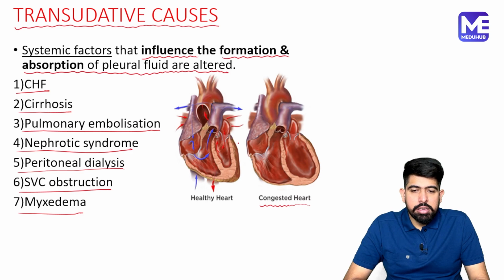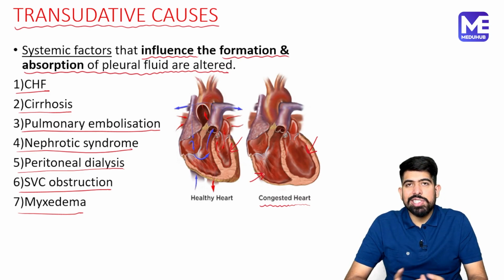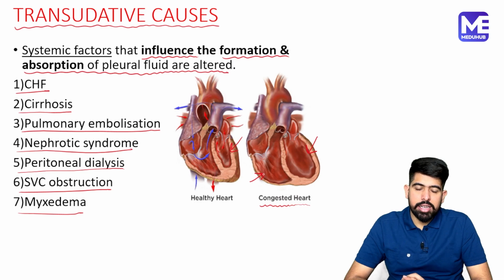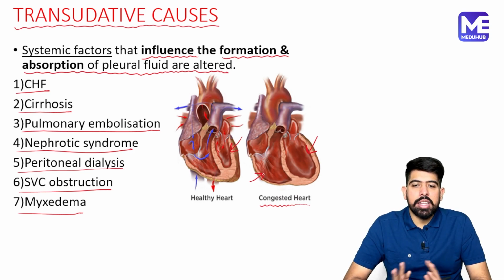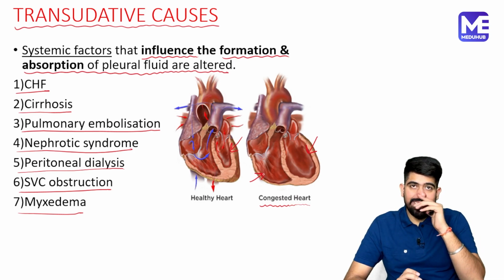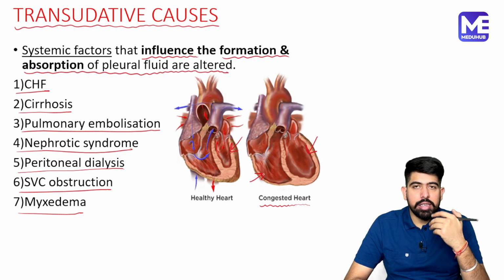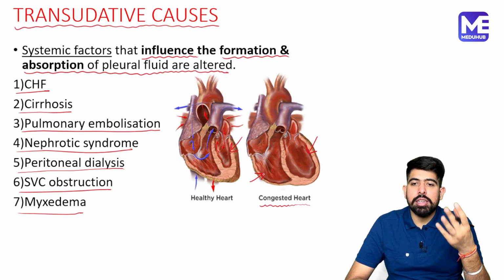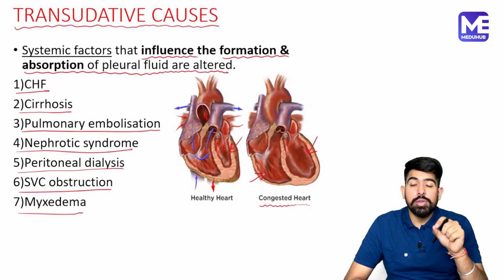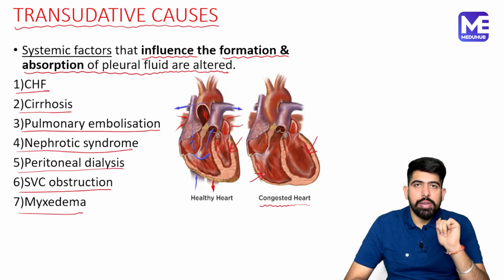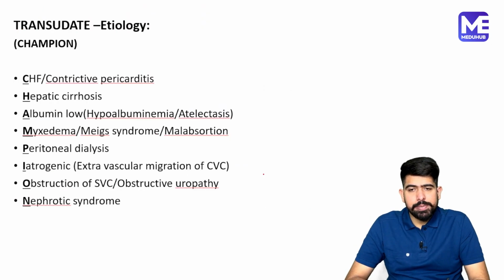As you see here, you can see the left ventricle size in this normal heart, and here you are seeing the left ventricle or the right ventricle are dilated. This is the congestive heart, right? Due to this congestive heart, there will be an alteration in the influence of systemic factors, and due to this, transudative pleural effusion will be seen there, right?